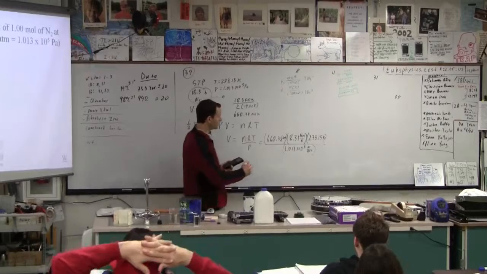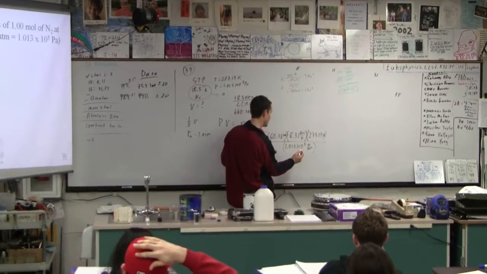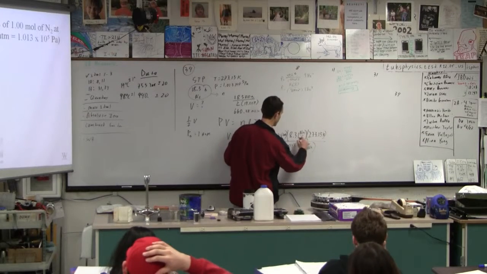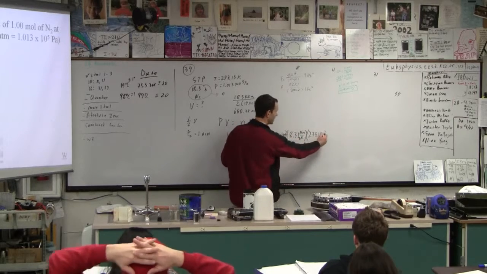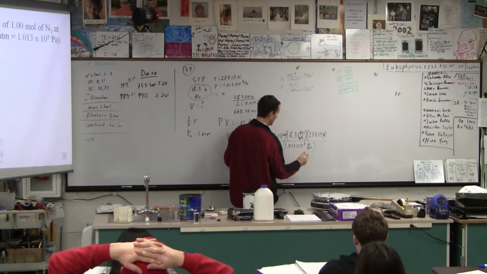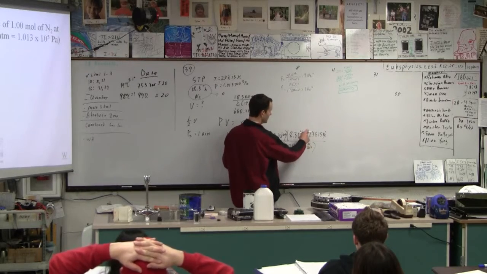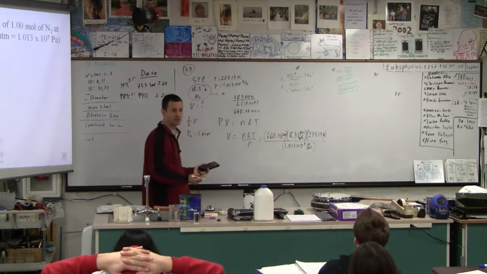And so our units are going to be, moles go the way of the bison, because it's joules per mole kelvin. Kelvins go the way of the dodo bird, newtons cancel. And then meters, 1 over meters cubed times meters is meters to the 3rd. So the units work out.